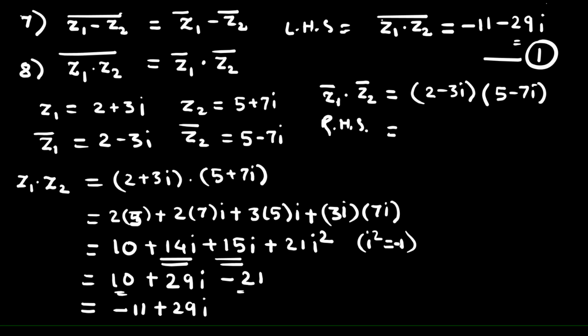So the multiplication will be, again, 2 into 5 first of all, then minus 2 into 7i.